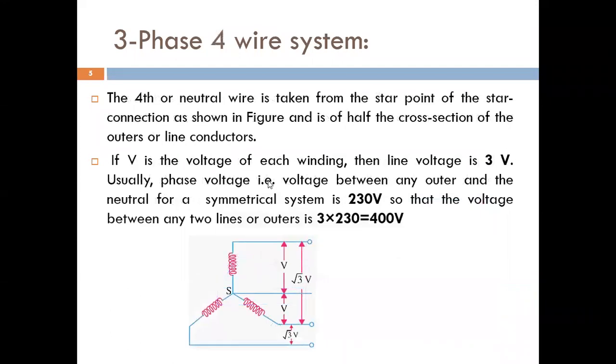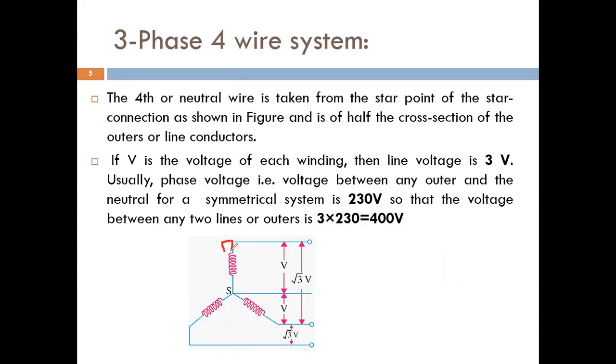Now this is the three phase four wire system. The fourth terminal is called the neutral terminal, taken from the star point of the star connection as shown in the figure, and its cross section is half of the outer line conductor. You see in the diagram, this is the star connection with the four wire system.